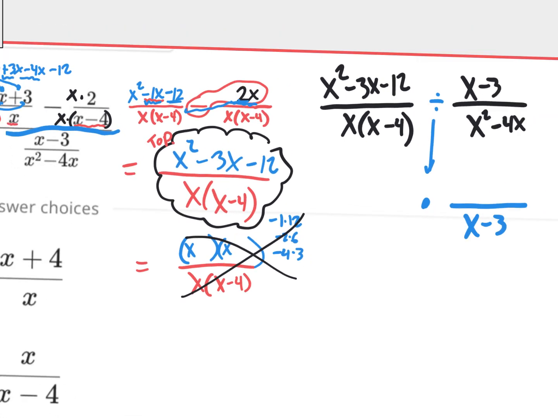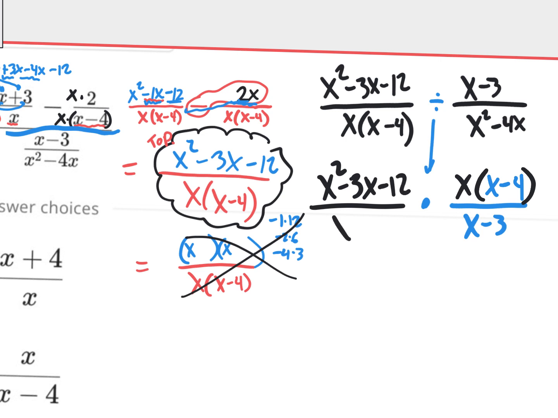And the x squared minus 4x, I could pull out an x from that binomial. So if I do pull out an x as I move it up, I will have an x minus 4 left over on the inside. So the first fraction is just going to come down. And it's over x times x minus 4.